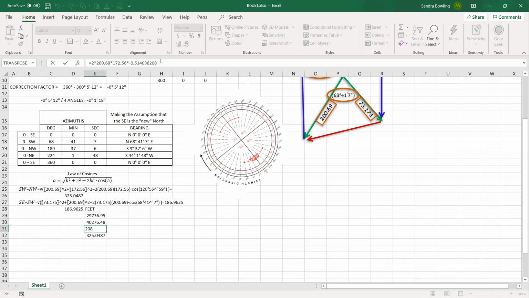And then I take the 2 times 200.69 times 172.56 times the cosine of that angle. And then I just take the square root, using my calculator, of all those pieces, the first two added and the second one subtracted. So if you're having problems trying to write it all out in your calculator, break it down into pieces.